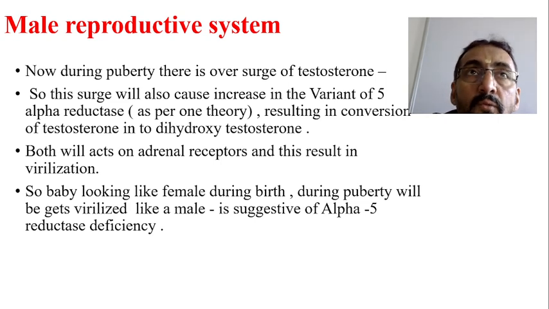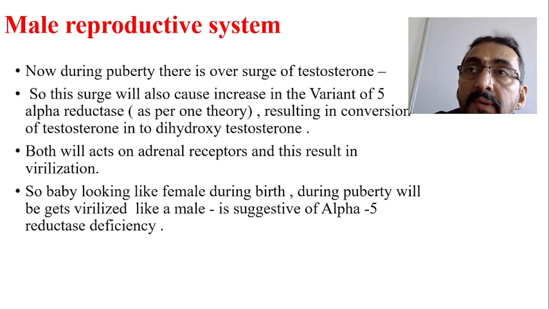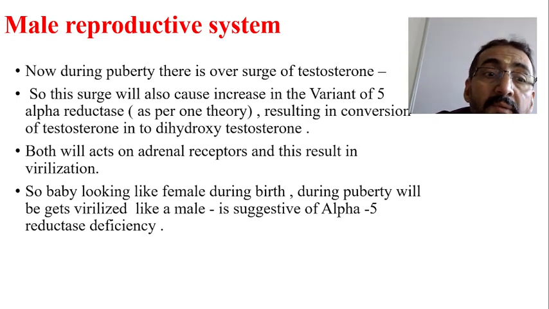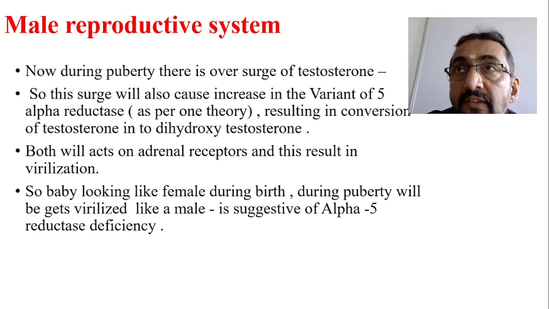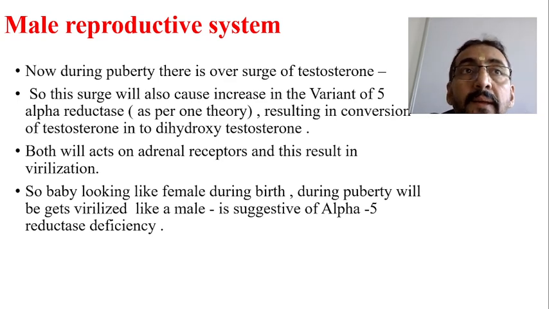So the clinical presentation is: the baby who is looking like a female at the time of birth, because at that time the natural or original 5-alpha reductase was absent. The baby was looking just like a female at birth. But during puberty, he will get virilized, because there is a high surge of testosterone, which results in production of a variant of 5-alpha reductase. So originally a baby who looks like a female at birth, at the time of puberty now looks like a male, because virilization takes place.